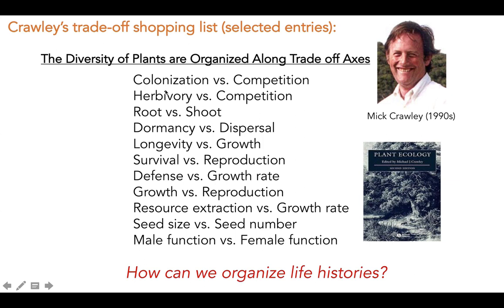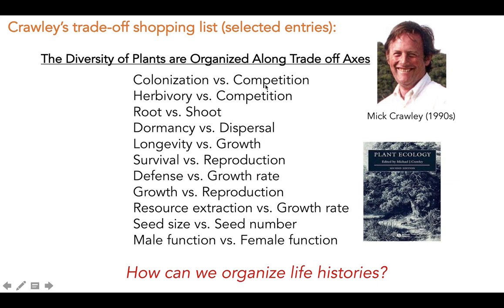But in general, we find that plants of the world can either be good colonizers or they can be good competitors. So you can allocate to colonization, that is, increased allocation for more reproductive output, more seeds, more asexual reproduction in order to send out tillers, to send out various aspects of reproduction into the landscape.